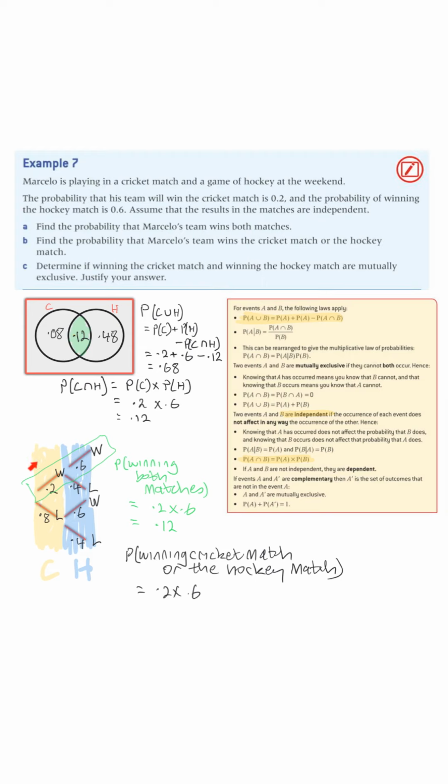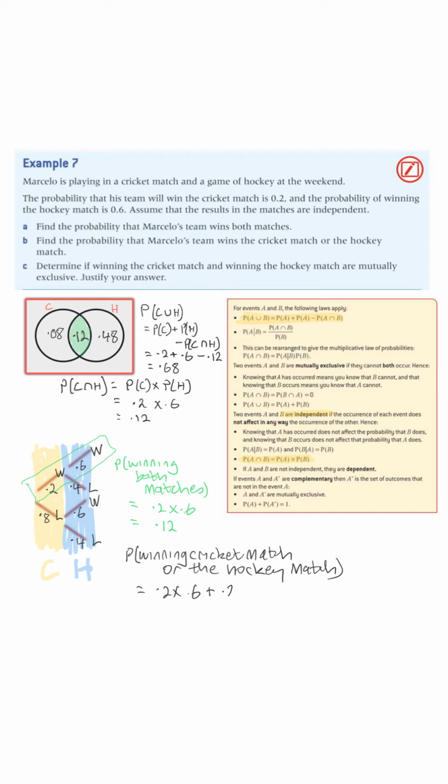That's the same thing, right? Plus, now the reason we add this is because you multiply along the branches, but you add down. So the result from each branch you add together. So now we're going to multiply these together. That's 0.2 times 0.4, and we put the number here, right? We're going to add down. We've already got 0.12. 0.2 times 0.4 is 0.08. So we've got to add that.